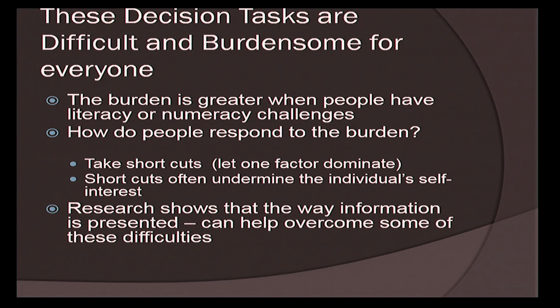But what we've learned from decades of research now is that the way the information is presented can help overcome some of these difficulties. Not everything, and maybe not that last mile of consumers that we're trying to get, but it can make a difference.